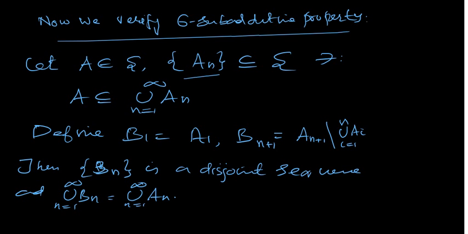Okay, this is a disjoint sequence. Now what's this B_n?